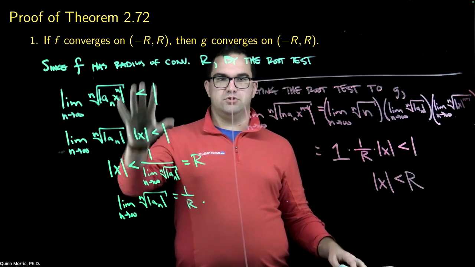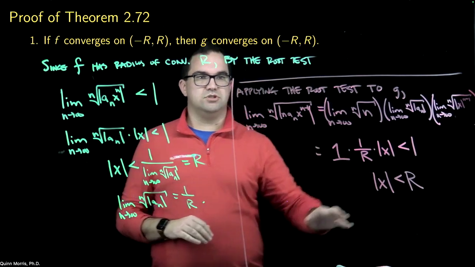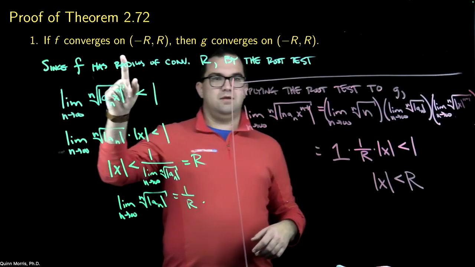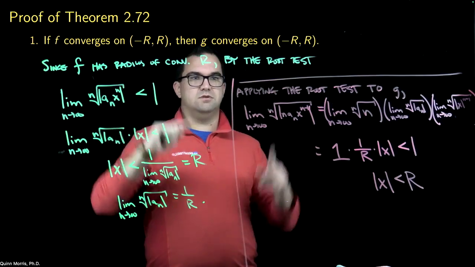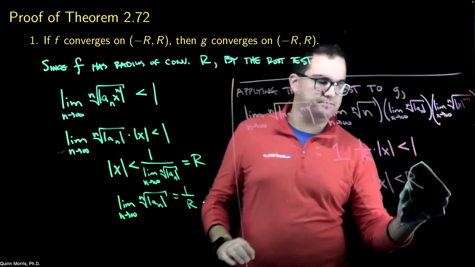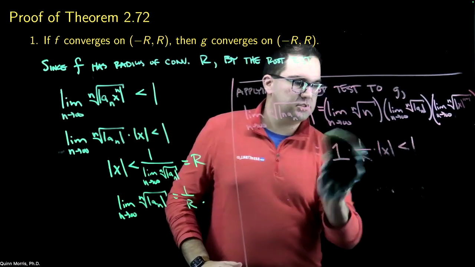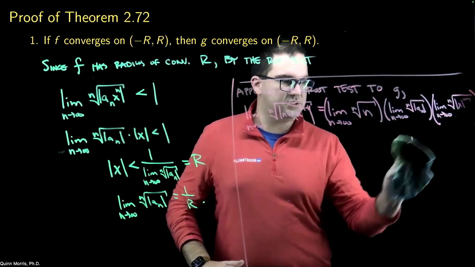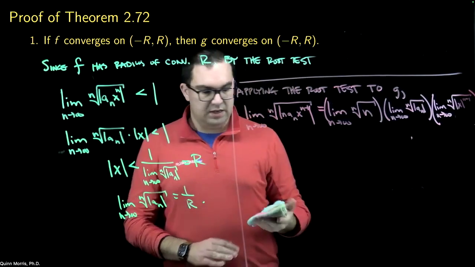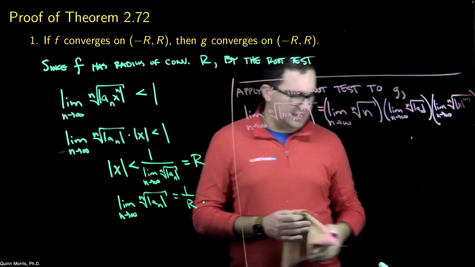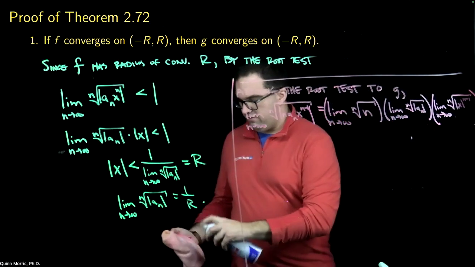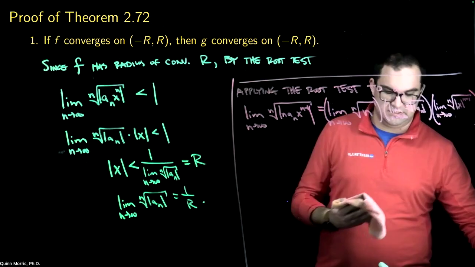If the radius of convergence over here was infinite, then the radius of convergence over here would also be infinite. So what we get here is that wherever f converges, G must also converge. All right, so that is our first step. We now know that both of these series converge on the same interval. Now the quest becomes, can we show that the derivative of f is actually just this G series.